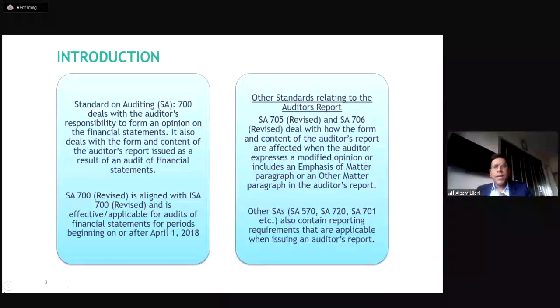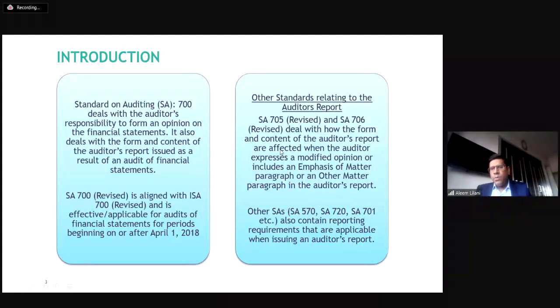Nobody can make a mistake on reading that information in the para, whether it is really a qualification or the auditor is just trying to draw a thin line between a qualification and an emphasis of matter. We'll see about that a little later as well. From 1st April 2018, the reports have been standardized. Many paras are now defined with headings. So there is no ambiguity in the audit report anymore.